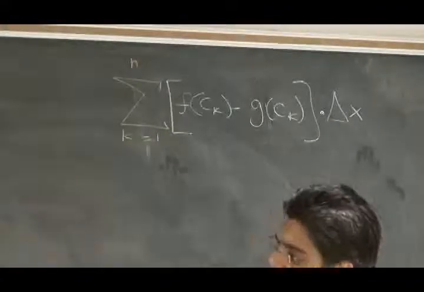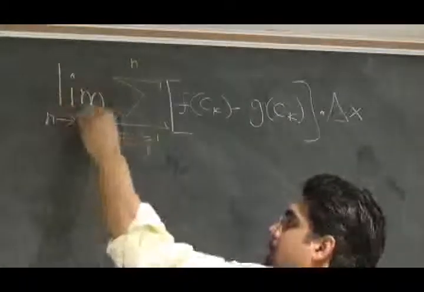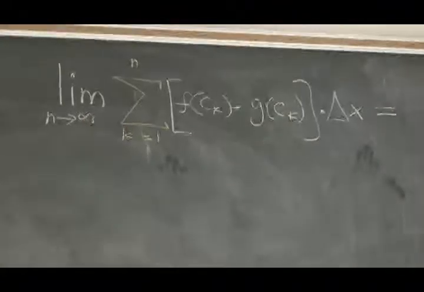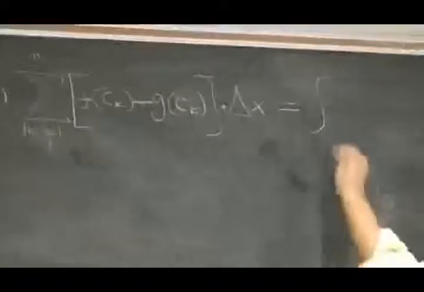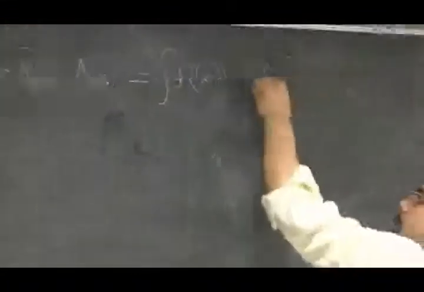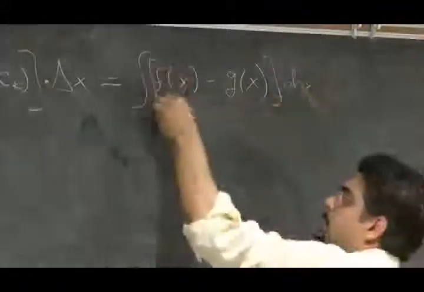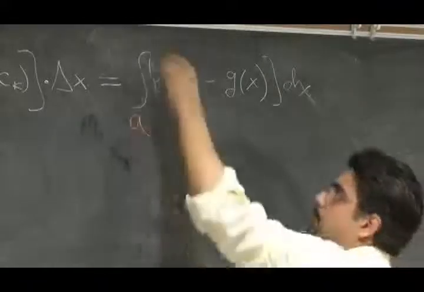Since the subintervals have equal length, I can just take the limit as n goes to infinity. Right? And what would this equal to? The integral of f of x minus g of x dx from a to b.